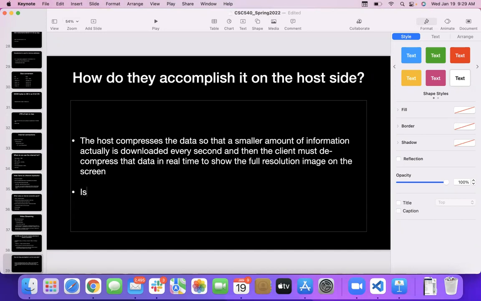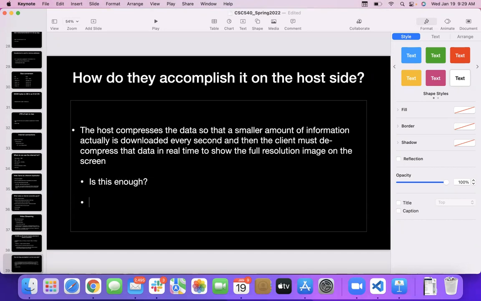So then we might ask, is this enough? And we'd say, no, we also buffer data.